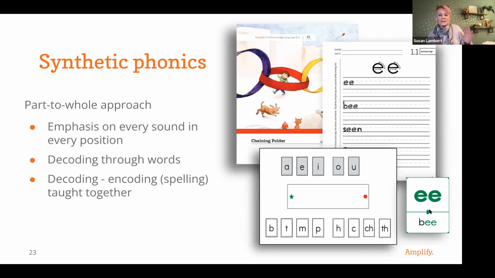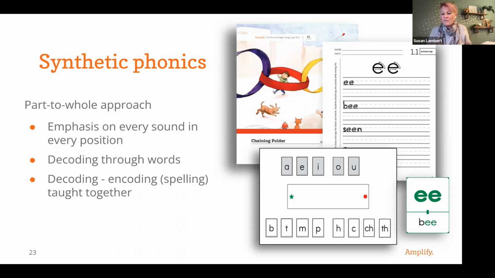And so what kids do in synthetic phonics is pay attention to beginning, middle, end sounds. If you heard me at the beginning of the webinar, those medial sounds or the in-between sounds are the hardest things for kids to work with and manipulate. So we need to really explicitly help focus on those.